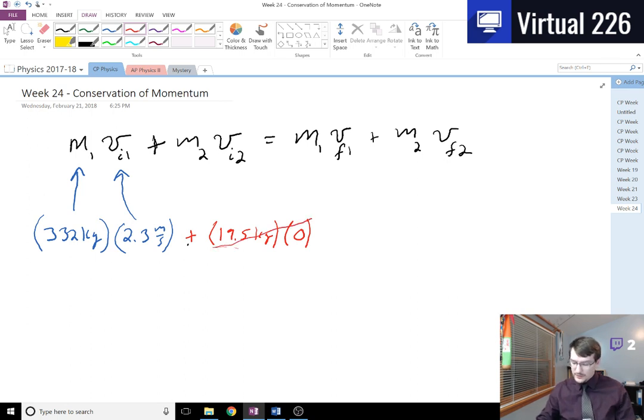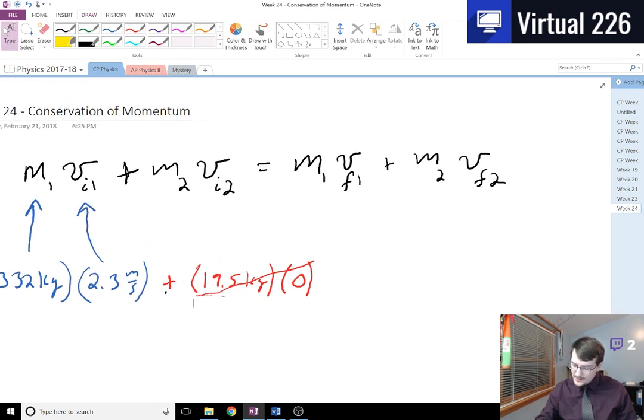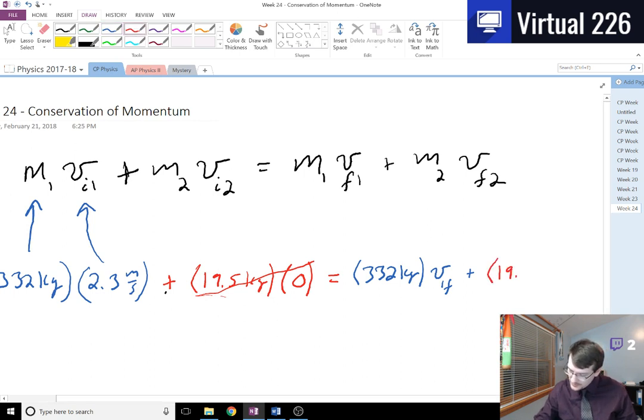It's going to remove all of this. And then that's going to be equal to the mass of the Mako shark, the 332 kilograms, times some unknown final velocity plus the mass of the scuba tank, 19.5, times its unknown final velocity.